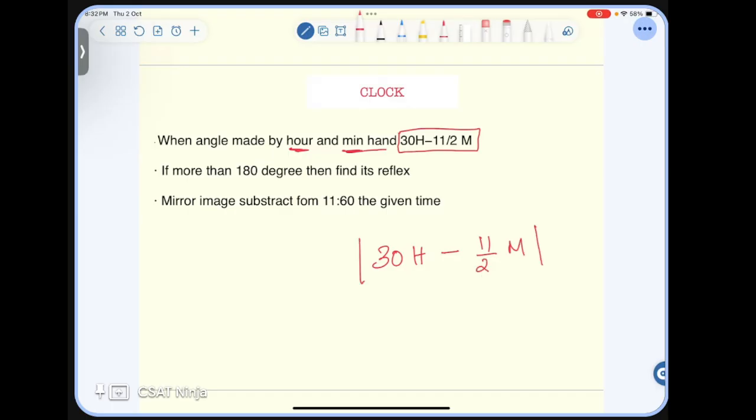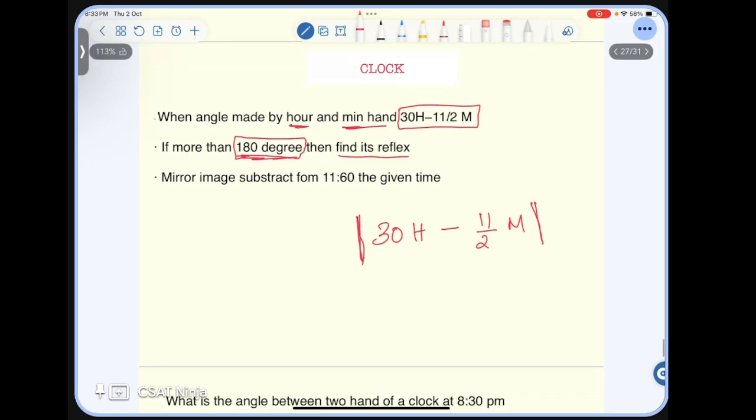Remember, your answer should always be positive, so because of that reason I'm putting a modulus sign here. And there's one more term: if the angle is more than 180 degrees, then you need to find its reflex.